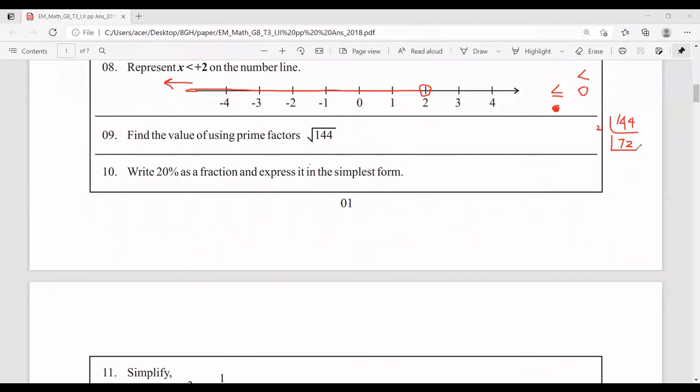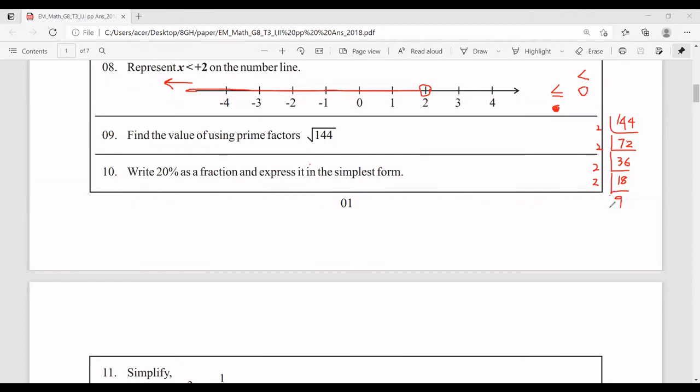Again divide by 2: 72 divided by 2 is 36. Divide 36 by 2, 18. Divide 18 again by 2, 9.